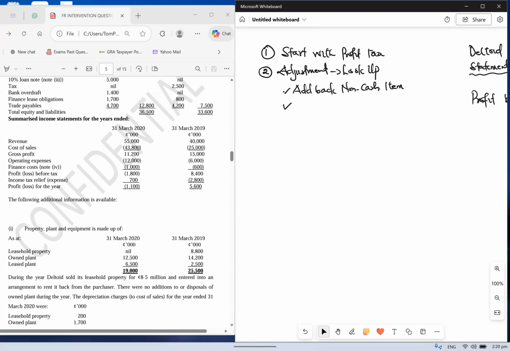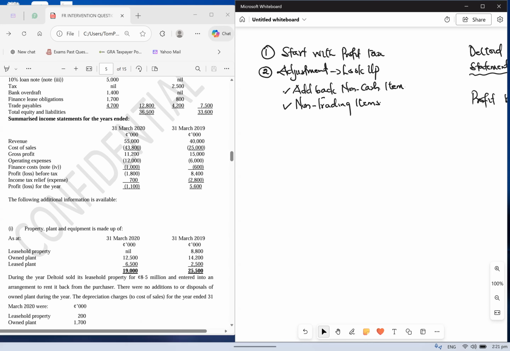Then you are going to also adjust for non-trading items. Now, what do we mean by non-trading items? You know your trade, you know trading item. There are certain things that don't come because of trading.